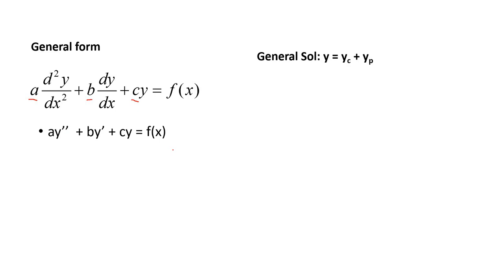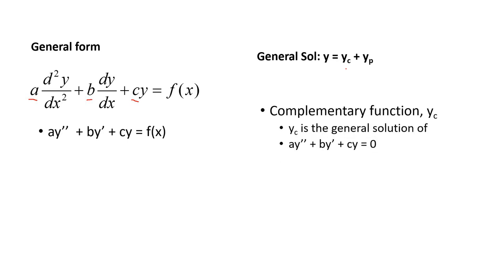And the general solution for this case, the second order non-homogeneous equation, is given by y equals yc plus yp. Where yc is the solution for the homogeneous equation that you learned yesterday. yc stands for the complementary function, which is the solution for the homogeneous equation.